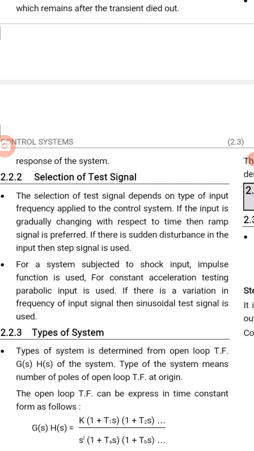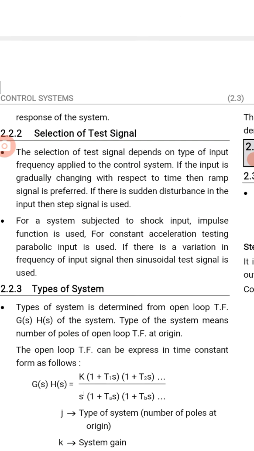For constant acceleration testing, a parabolic input is used. If there is variation in frequency of the input signal, then a sinusoidal test signal is used. That means based upon the type of input, we select the standard test signal. Then we will learn types of systems in the next lecture.